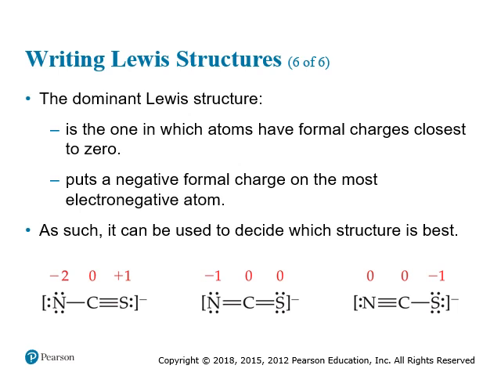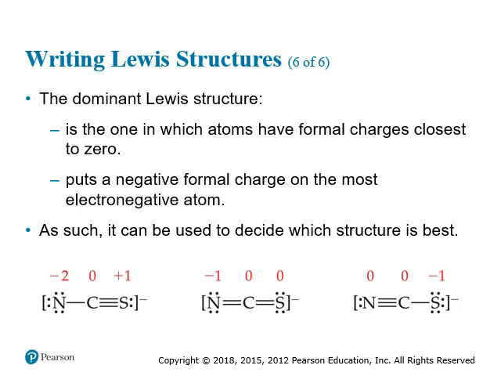In the previous example, we see that one illustration of carbon dioxide features all of the atoms with formal charges of 0, while the other has a carbon with a formal charge of 0, oxygen with a formal charge of -1, oxygen with a formal charge of +1. The more valid structure would be the one in which all of the atoms have a formal charge of 0.